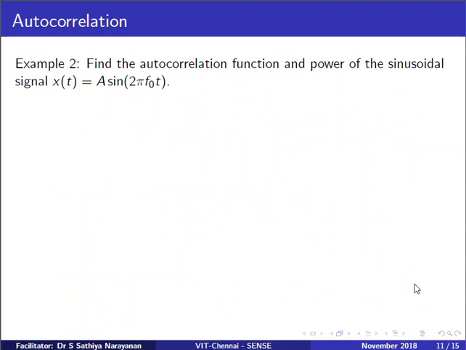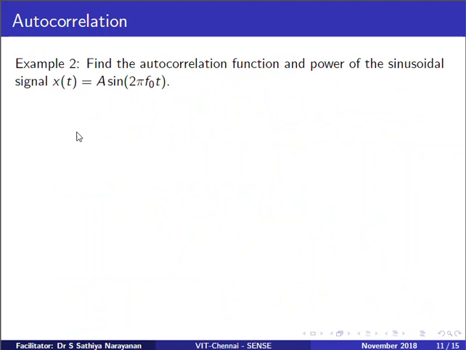Next, we will see another example. Find the autocorrelation function and power of the sinusoidal signal x of t equal to A sine 2 pi f naught t. We know that sinusoidal signals are power type signals. It is given as x of t, which means this is a continuous time signal.